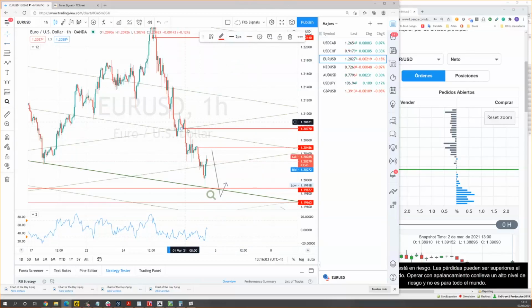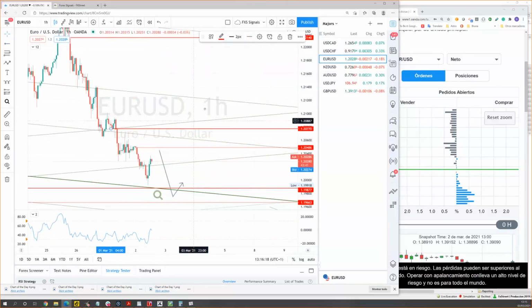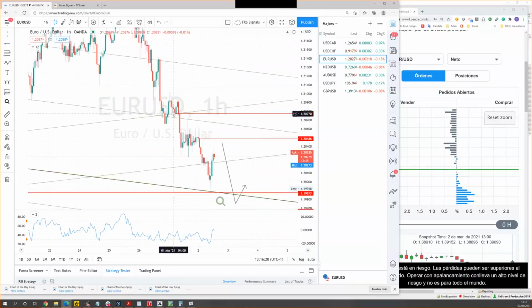So here we have this dynamic we talk about a lot, which is a support, with this little dip, and then a break of that support, and then the price trying to retest that level from the other side as a resistance, and it didn't get fully to that level.